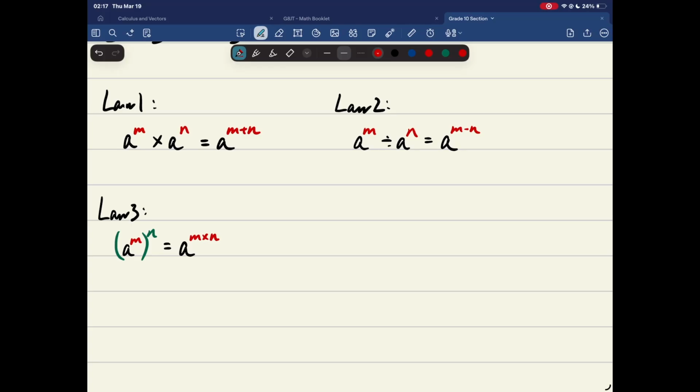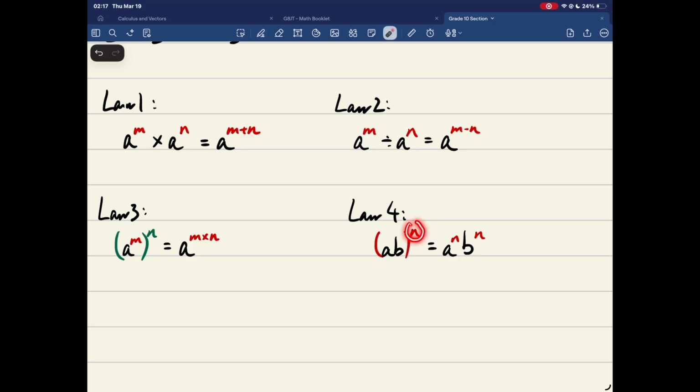And the fourth law will be power of a product. So law 4 will be, for example, if you have bracket ab close bracket to the power of n, this will equal a to the n power and b to the n power.